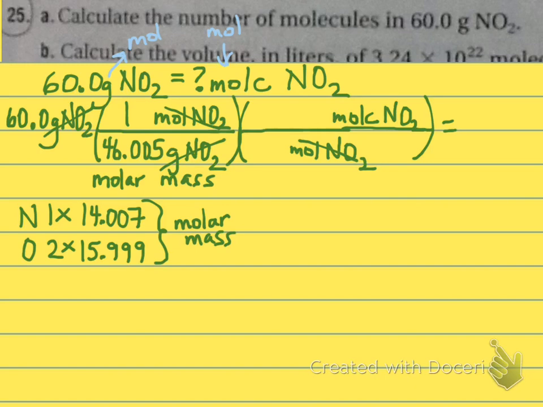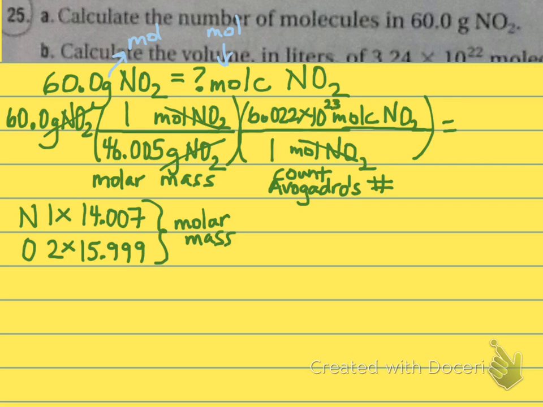That would be fine. Now, this is our count conversion factor that involves Avogadro's number. So again, the easy number is the 1 that goes in front of moles. The number that goes in front of molecules is 6.022 times 10 to the 23rd power.